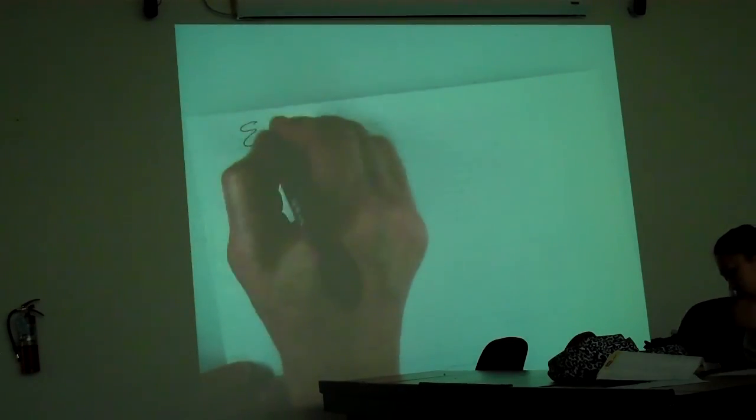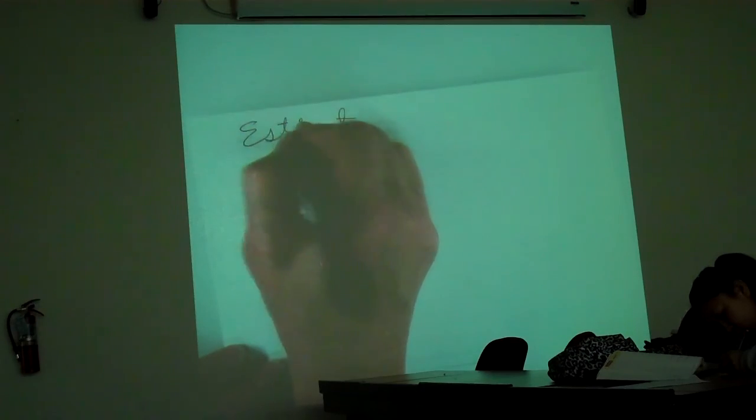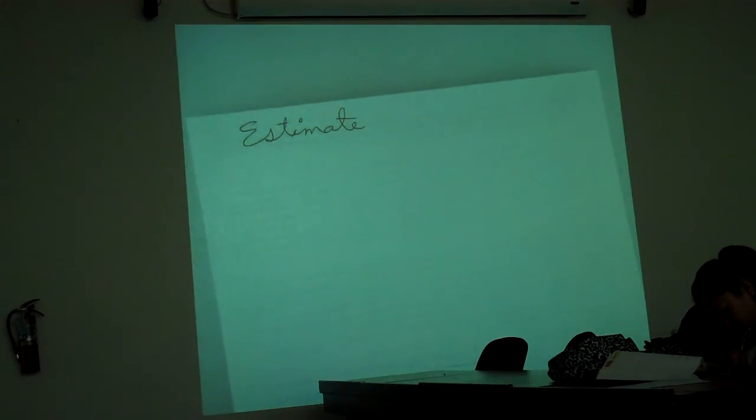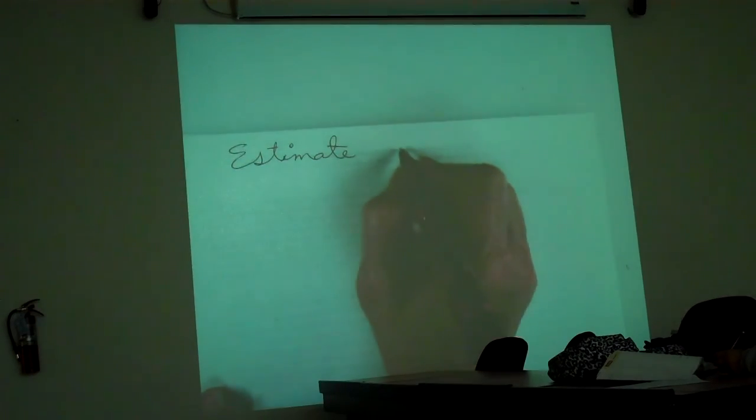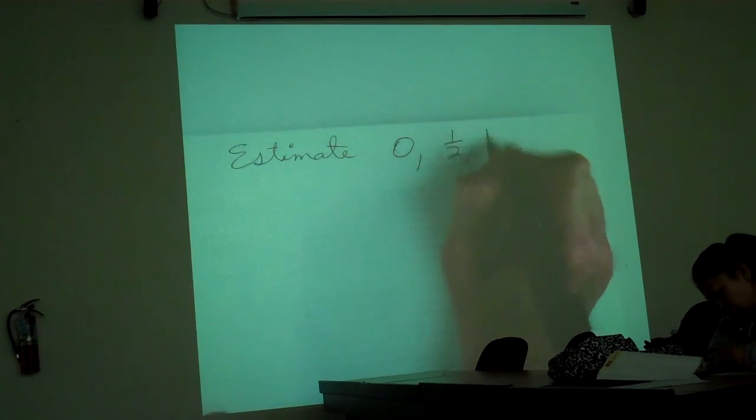Okay, now we need to do some estimating. Okay, the problems that you're gonna be doing work on, it's gonna want you to estimate it to the nearest 1/2. So you want to write whether the estimate will be 0, 1/2, or 1.